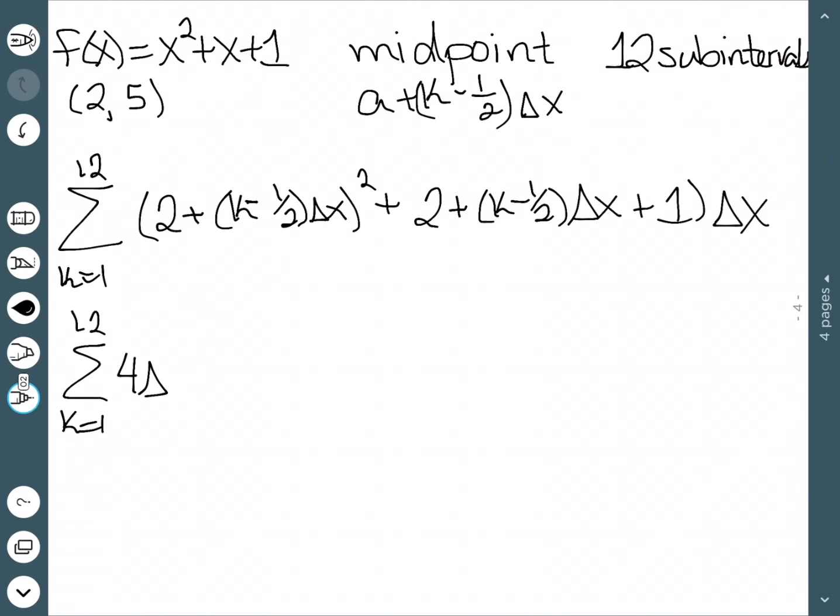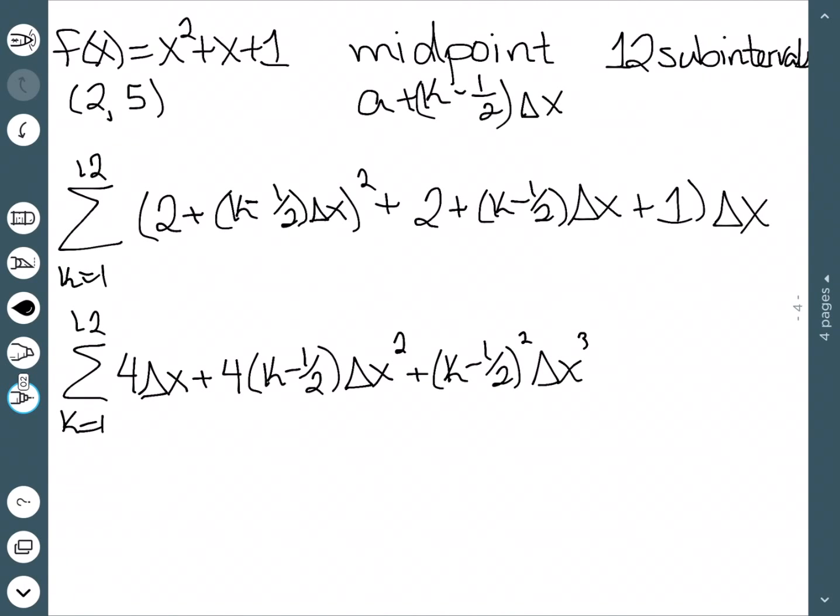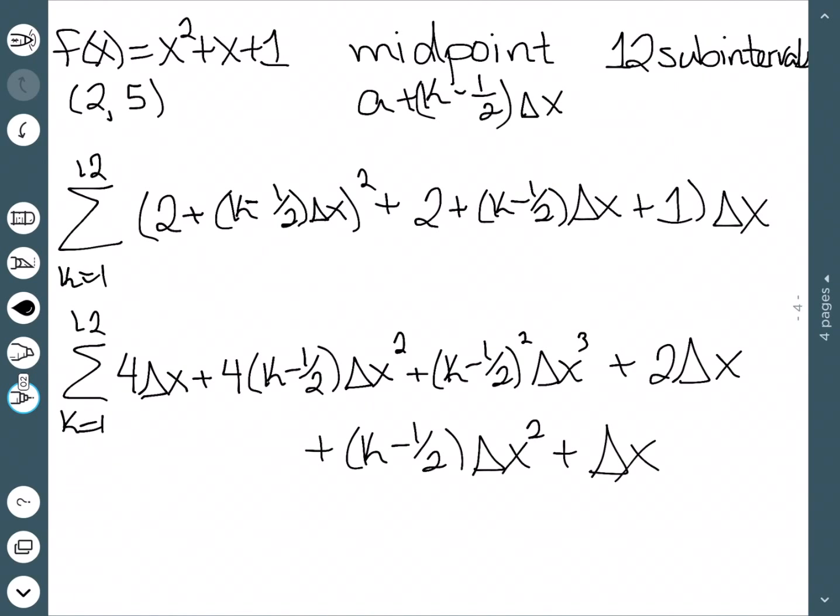We're going to end up with 4 delta x plus 4 times k minus 1/2 delta x squared plus k minus 1/2 squared delta x cubed plus 2 delta x plus k minus 1/2 delta x squared plus delta x. Like I said, you can simplify this a lot more before you start doing your summations, but I just wanted to show you how to set these up.